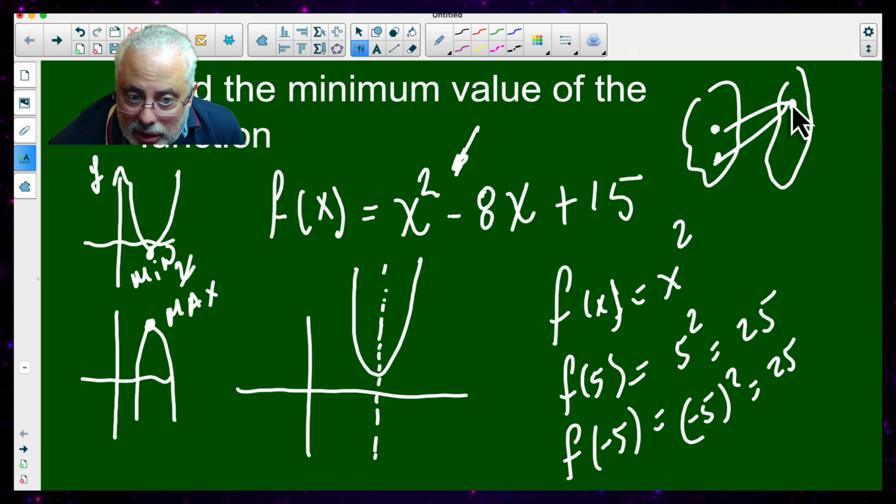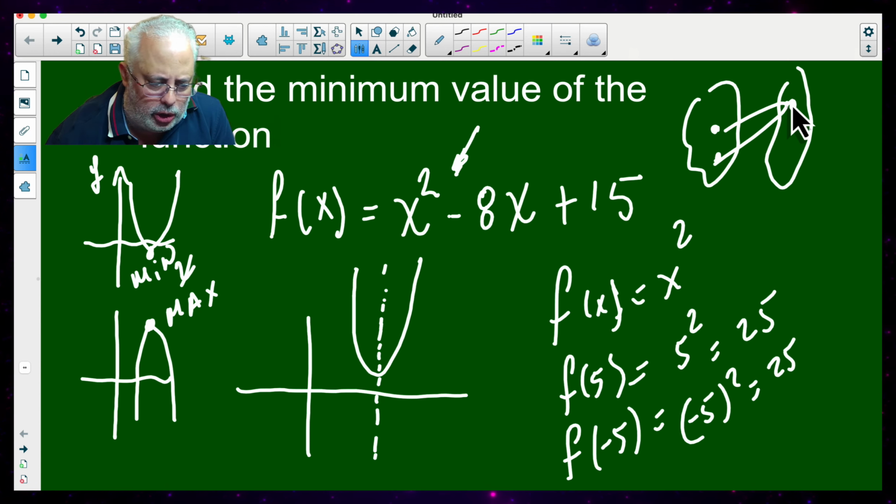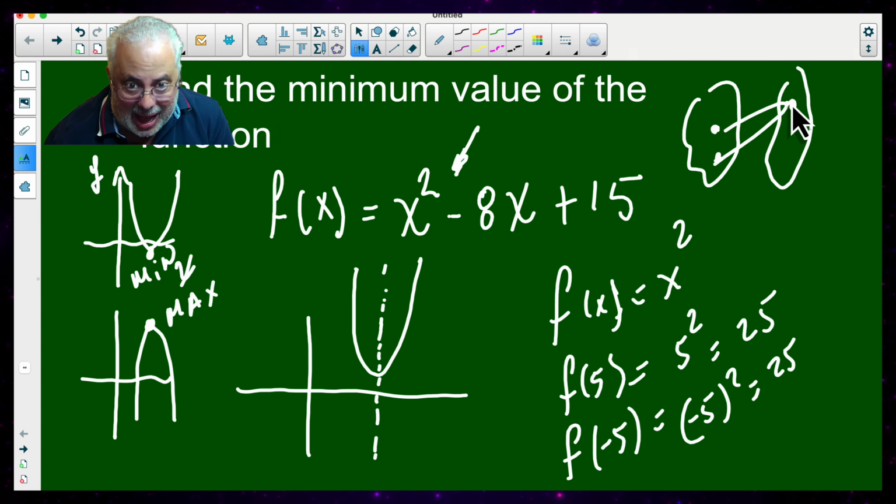It's still a function. This is important when we talk about words in teaching mathematics. We need to support the vocabulary, and supporting the vocabulary gives us what I call rigor in our teaching and rigor in our learning impact.